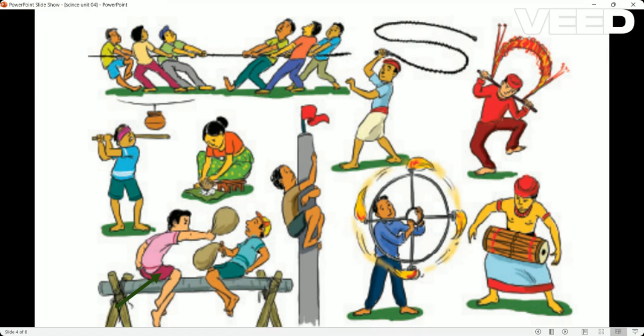Next to that, there is a little boy climbing up a pole, and there is a flag on top. We call that climbing the greasy pole. You know that it is very greasy and slippery.